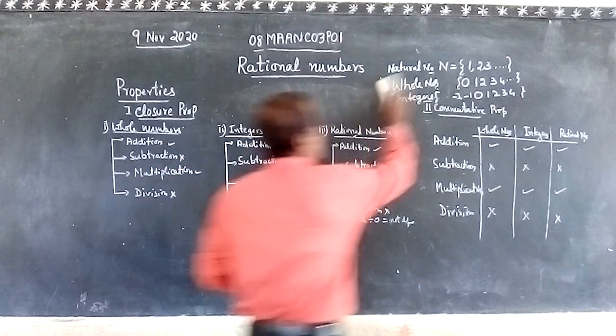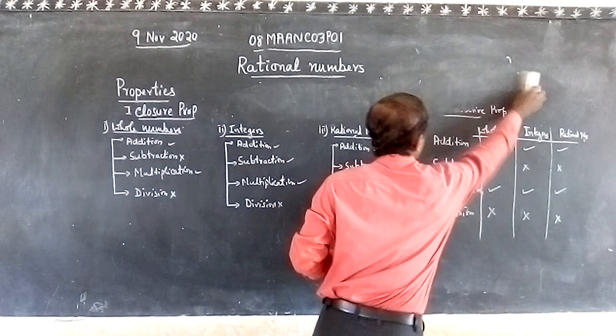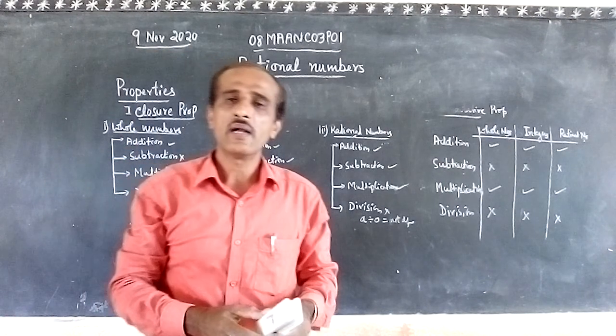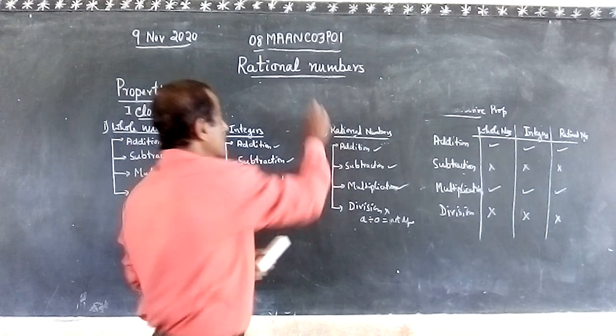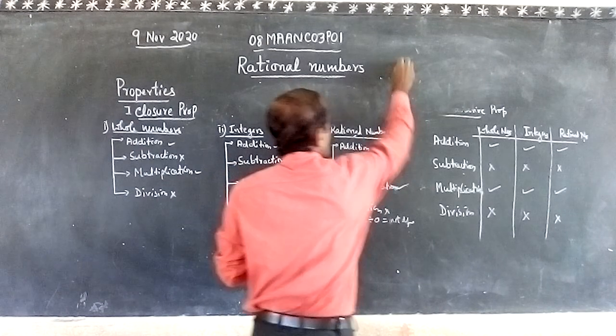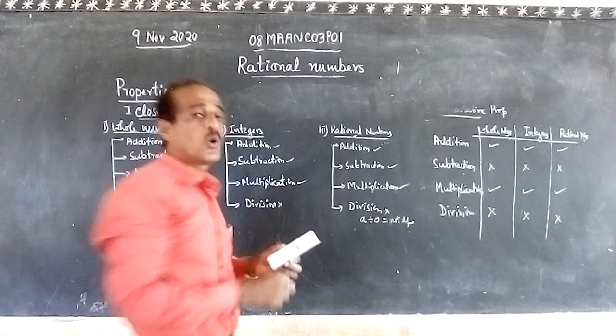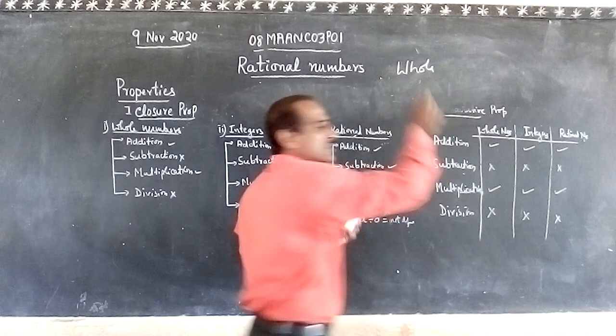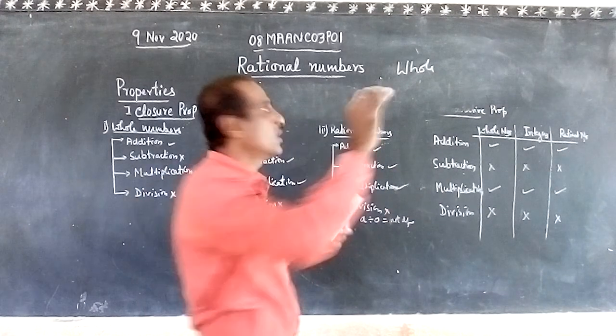Now, let us learn in this chapter. We are going to learn about rational numbers, whole numbers and natural numbers, and their properties. Natural numbers are also whole numbers.